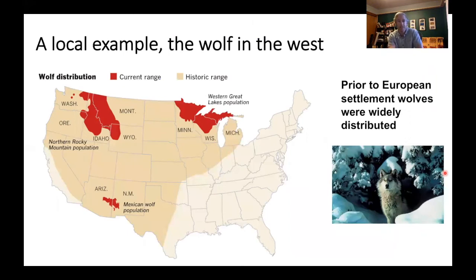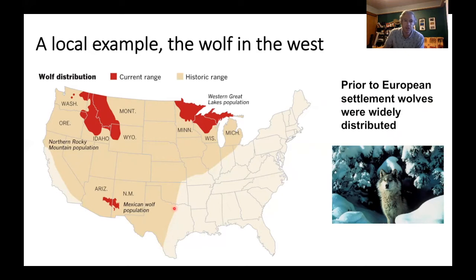Okay, so let's have an example about the story of the wolf, especially in the western US. This map here shows the distribution of wolves in the contiguous United States. Prior to European settlement, wolves were widely distributed over most of the US.